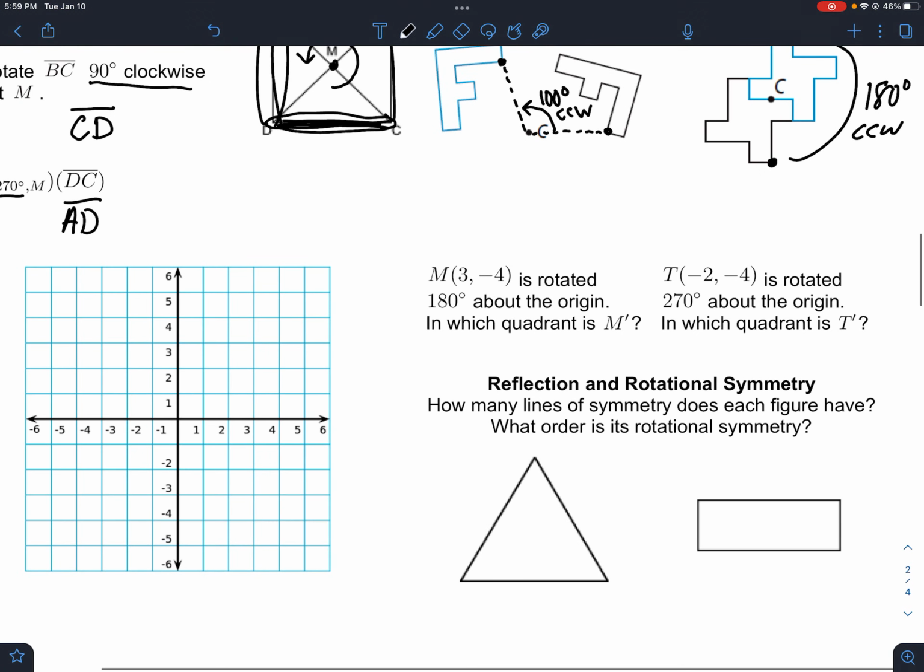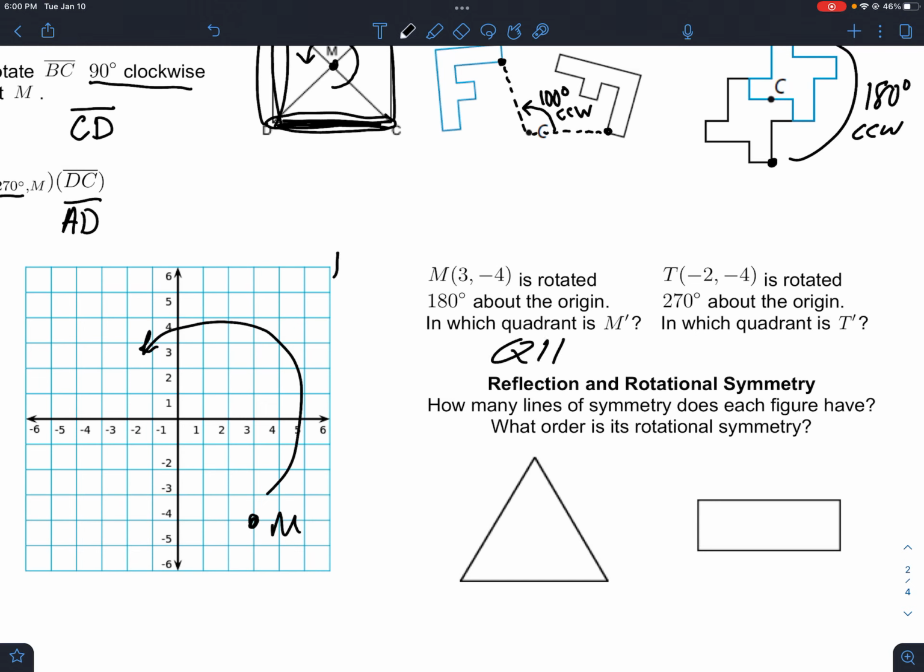And we could talk about quadrants, right? You can put M down here, and we want to rotate it 180 degrees. Well, minus all the details, it's going to just spin like that, right? And it's going to land in quadrant 2. This is 1, 2, 3, 4.